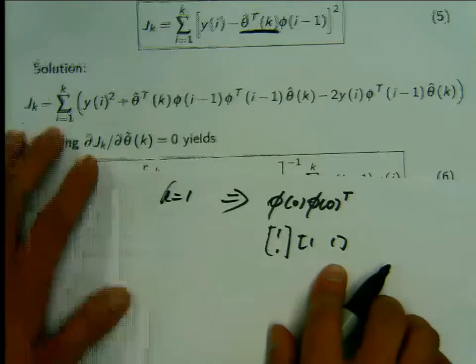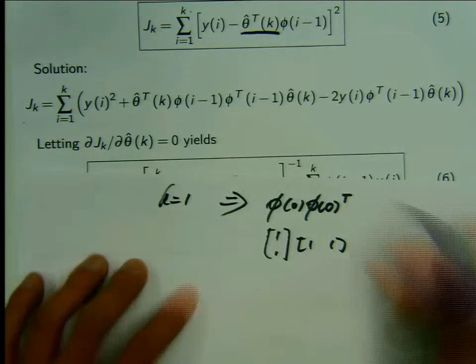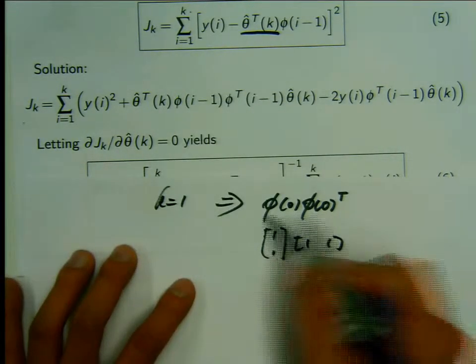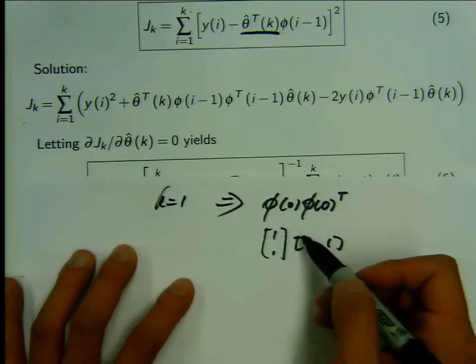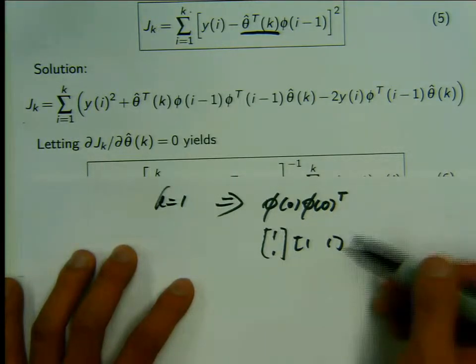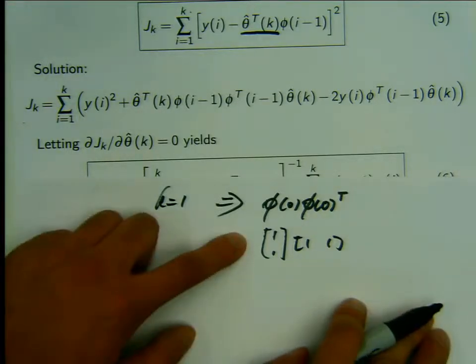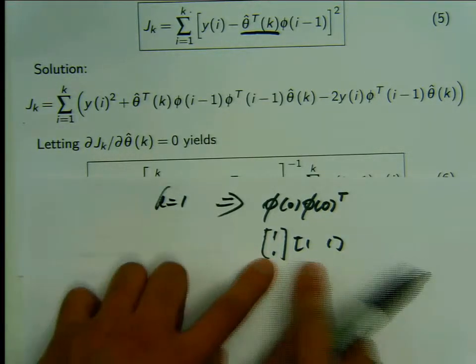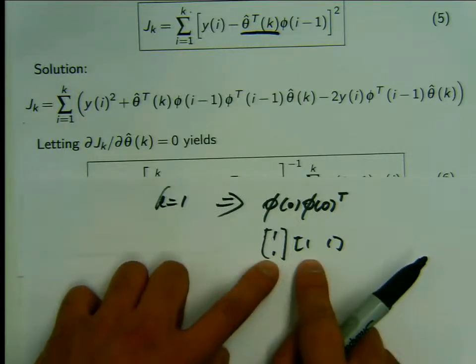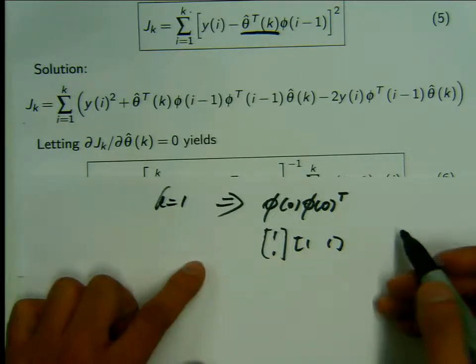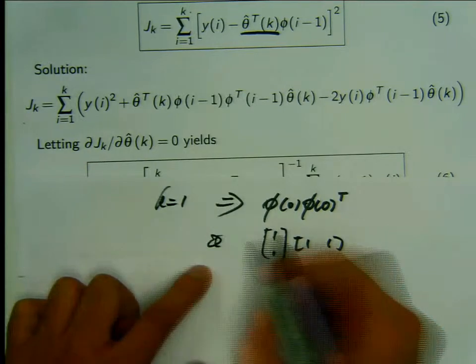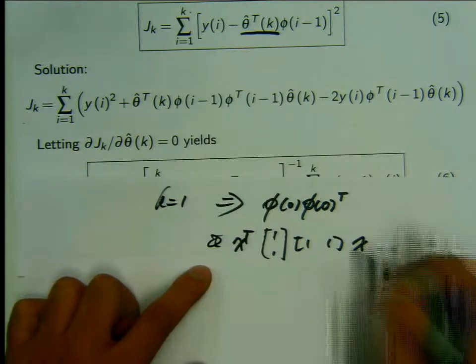Actually, the rank of this matrix is always 1. This is a rank 1 matrix. For example, consider x transpose times this matrix times x, and whether this is going to be positive or not.